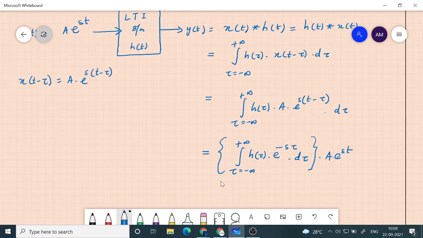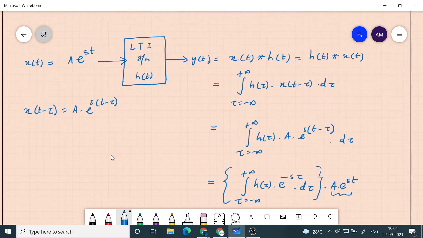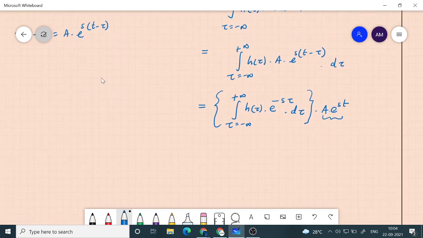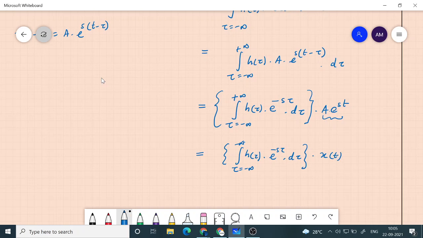Now, what is a into e raised to st? This is our input. Oh, that is very interesting. So we are saying that our output is given by an integral that involves only h of tau e raised to minus s tau d tau, multiplied by the input.